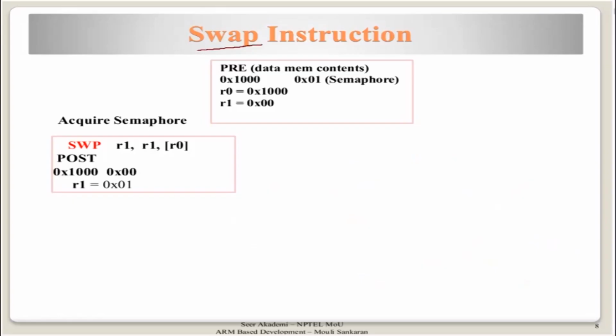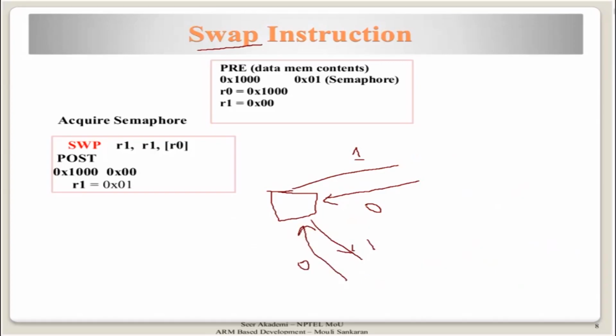Why? Because when a particular process is reading the semaphore value, it may see that it is 1, and then it may think that okay, it is free, and then it will write back 0. But if the processor is interrupted, or memory access is given to some other processor or process, that one will also read this value as 1, and it will think that the semaphore is available, and it will also write the 0.